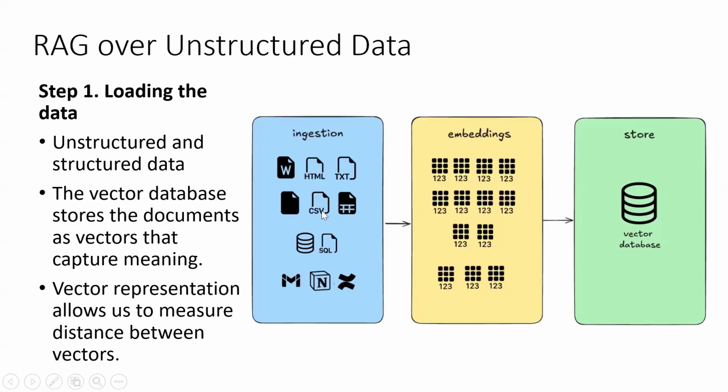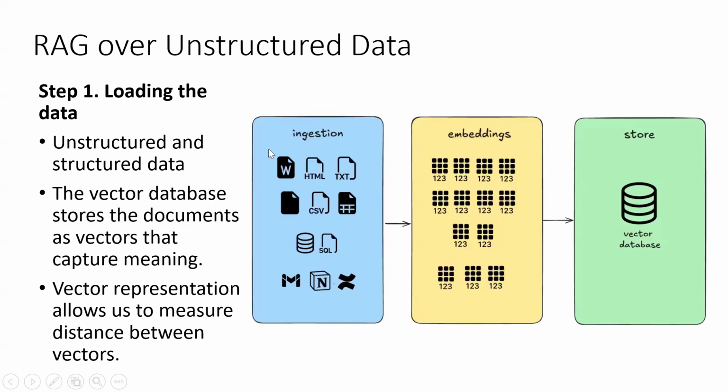But if you have data in CSV files, it will have different columns, or maybe in an Excel file, it will have columns populated with some values. So this kind of data, or if we are talking about some SQL Server or Oracle database, the data there is highly structured. And we may have some emails in our Gmail box, some data in Notion, some data in Confluence, right?